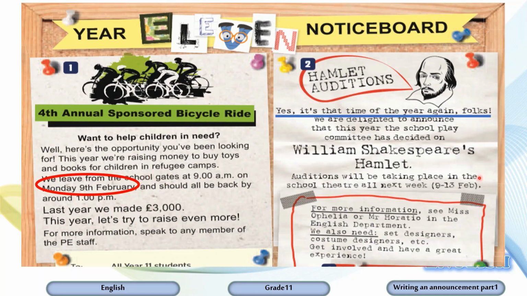So they will do the activity outside the school. Here, auditions will be taking place in the school next week from 9 to 13, which means that it will not take place in only one day, but more than one day. Okay.